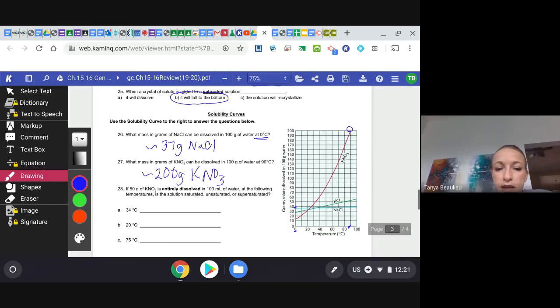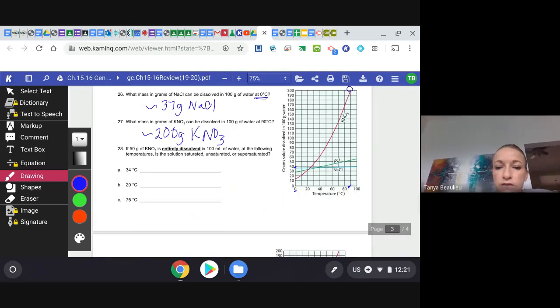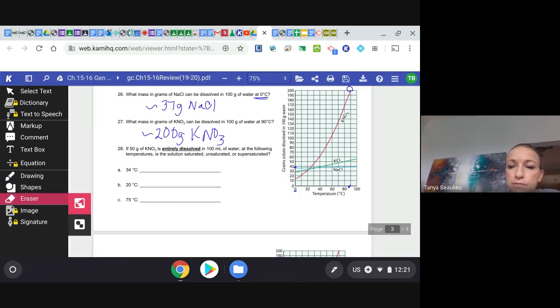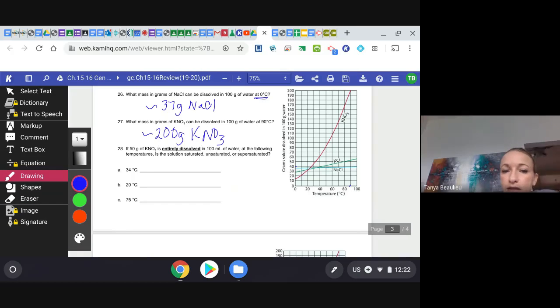Now for 28, when we did the solubility curves class practice, I talked about how to do these kinds of problems. I said, put in data points. Sorry, I'm erasing this stuff so it doesn't get confusing. Put in data points and see where that data point is in location relative to the actual curve. So we have 50 grams of potassium nitrate at 34 Celsius.